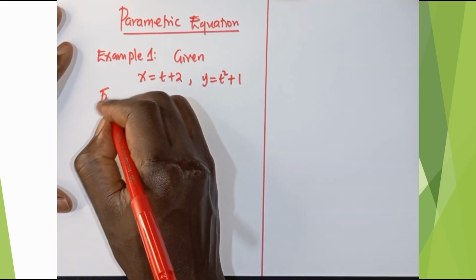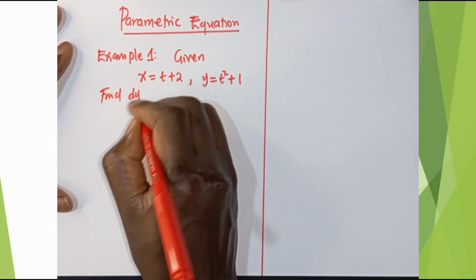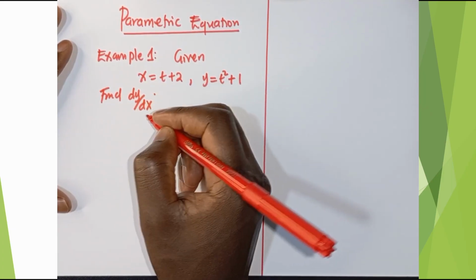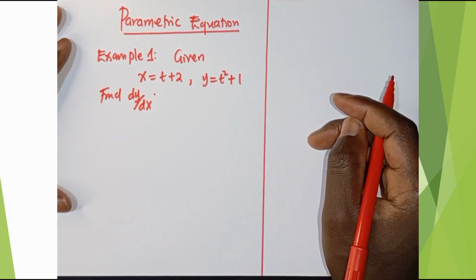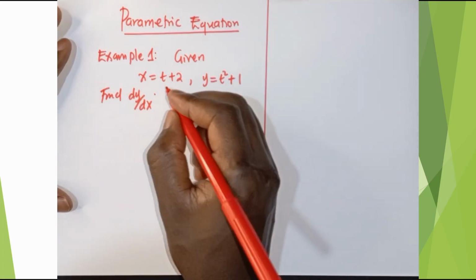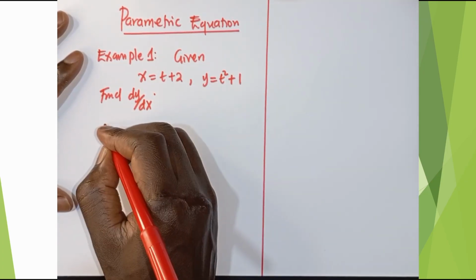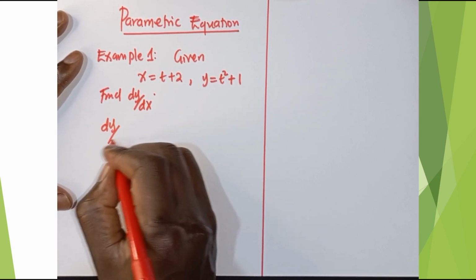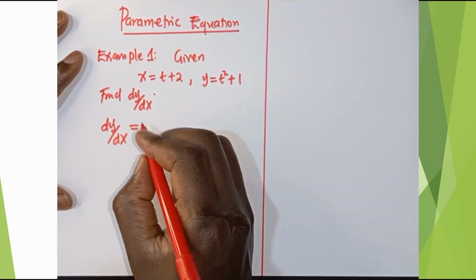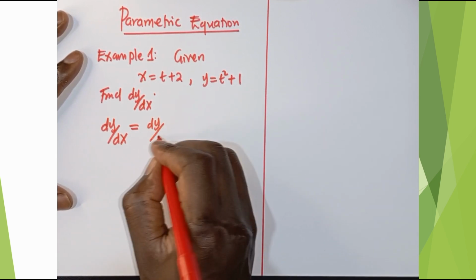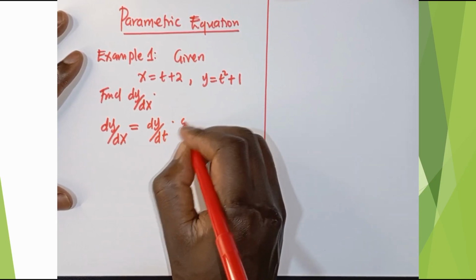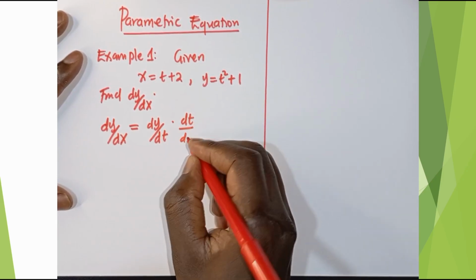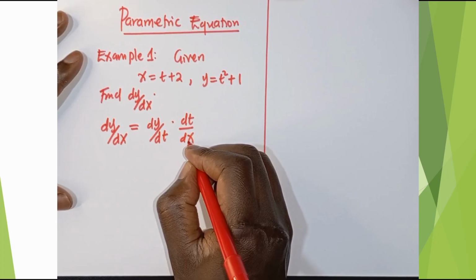If you are told to find dy by dx, that's the first derivative. First we set our chain rule. Our chain rule says dy by dx is equal to dy by dt times dt by dx.